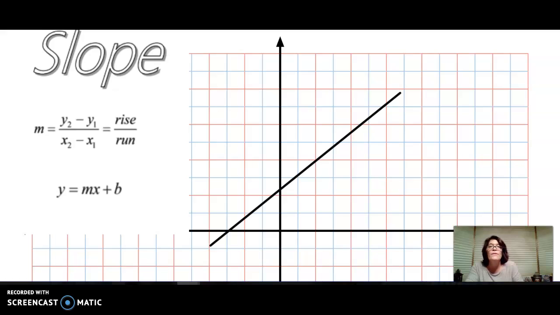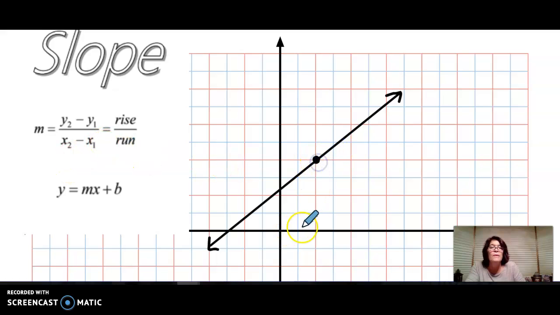Okay, so every line has something called a slope, which helps because when we know the slope of the line, we right away know how steep it is. You just take any two points on the line.